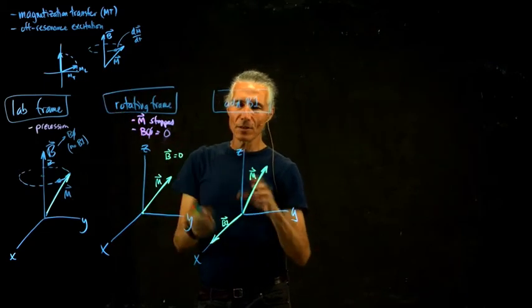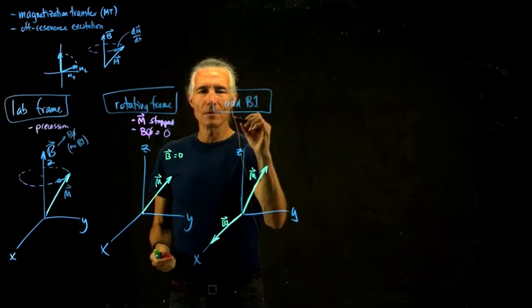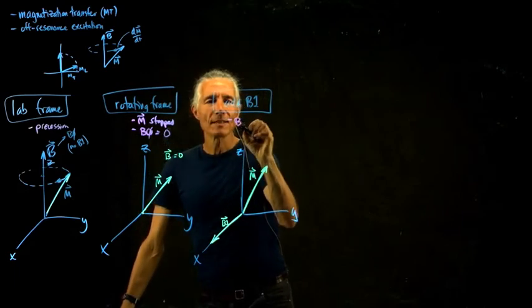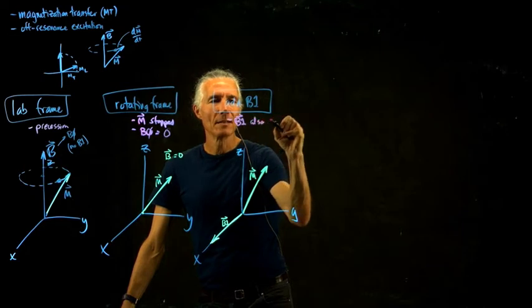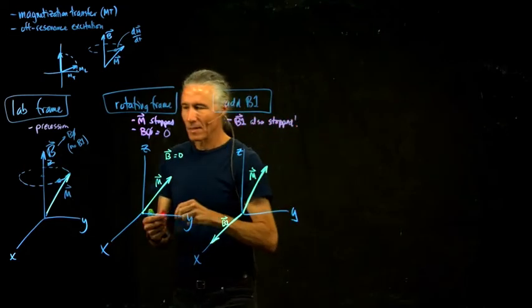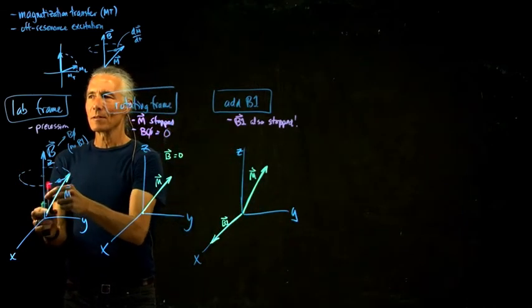Now that we've zeroed out, so what have we done? The first thing is that the B1 is also stopped. In this case, the M was rotating around very rapidly.